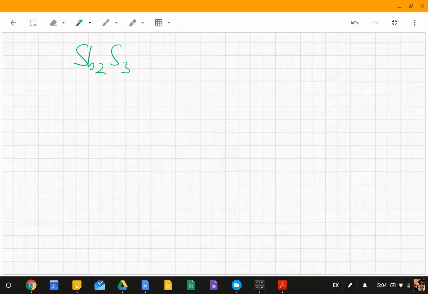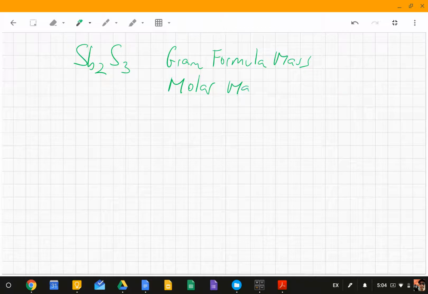So to get the gram formula mass, which also is known as the molar mass, because this is the mass of 1 mole, you just multiply the mass of the elements by how many there are. So let's do antimony. There are 2 antimony atoms times the mass of antimony, about 122. So that's about 244 atomic mass units, u.